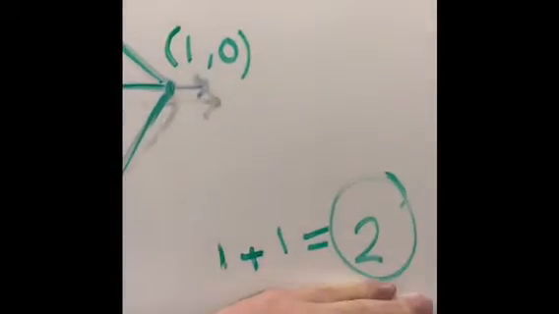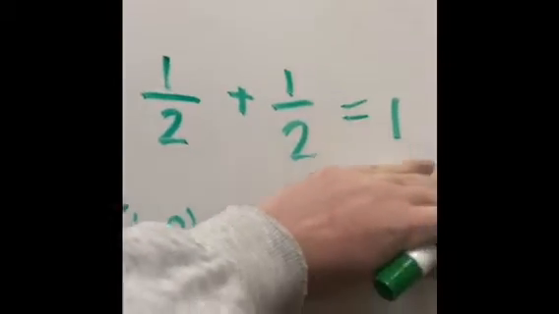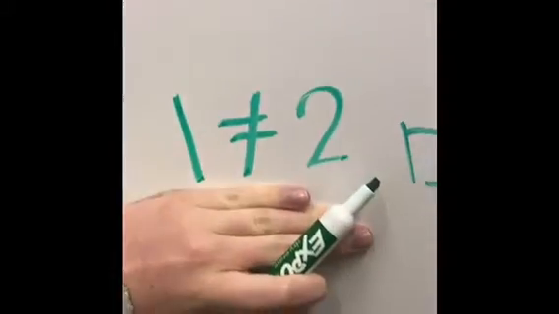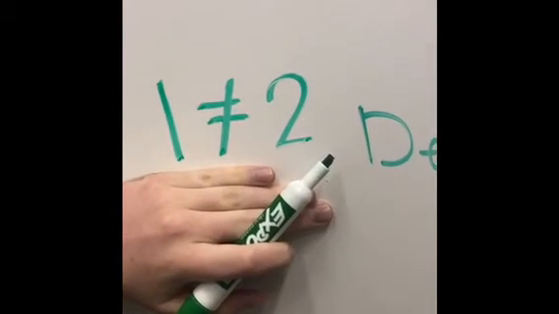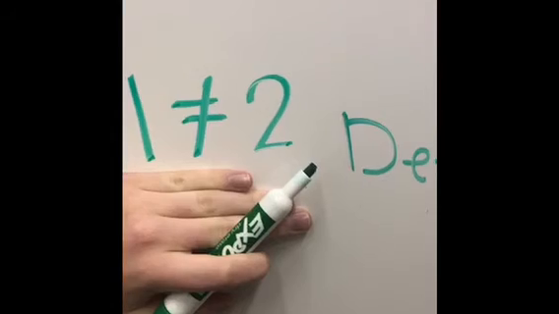Our original answer here was 2, so now we have 1 and 2, and because 1 does not equal 2, that proves that every Etch-a-Sketch rotation is not always an isometry.